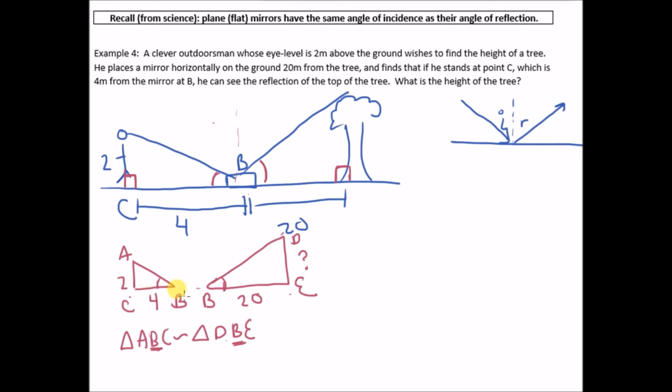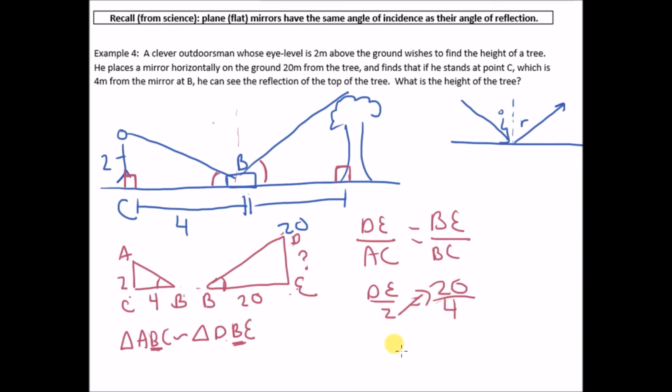We'll put the question mark on top. So DE over AC, which is DE over 2, equals BE, which is 20, over BC, which is 4.